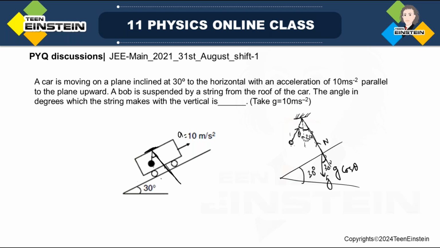Let me just do it properly. So the tension will act in this way. If this is theta, this is also theta, so T cos theta, and this way it is T sin theta.